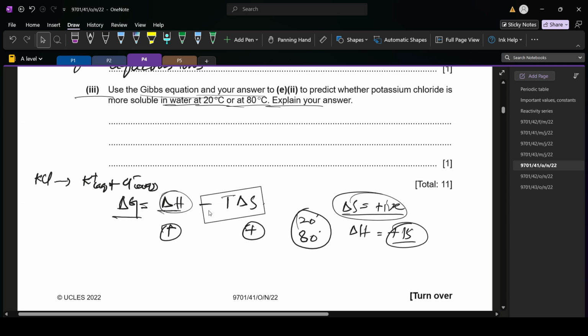When the temperature increases, the T delta S factor becomes larger, so the Gibbs free energy will be more negative.